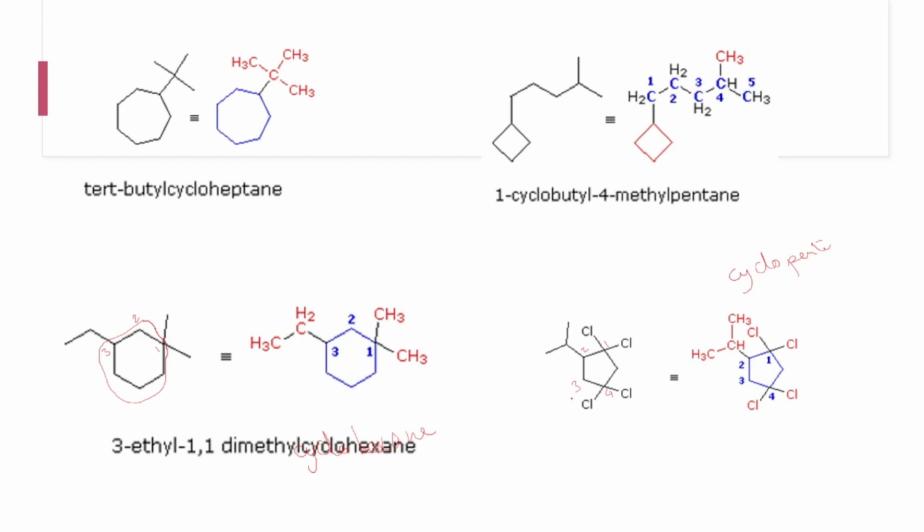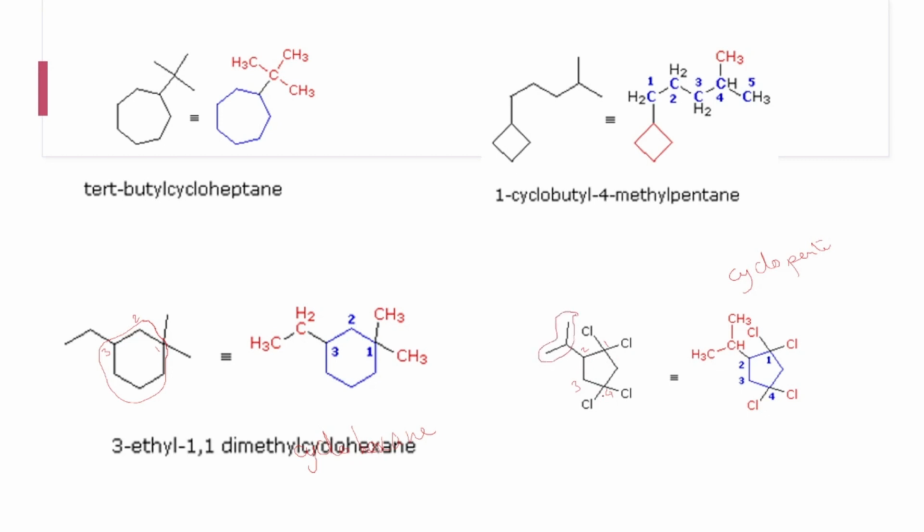We have to calculate every numbering, from this side or from that side, until we get the least possible numbers. We found that the least possible numbers are 1, 1, 4, 4 tetrachloro. Now we have 4 chloro, so we say tetrachloro. Whenever we have 2, we say di, 3 we say tri, and 4 we say tetra.